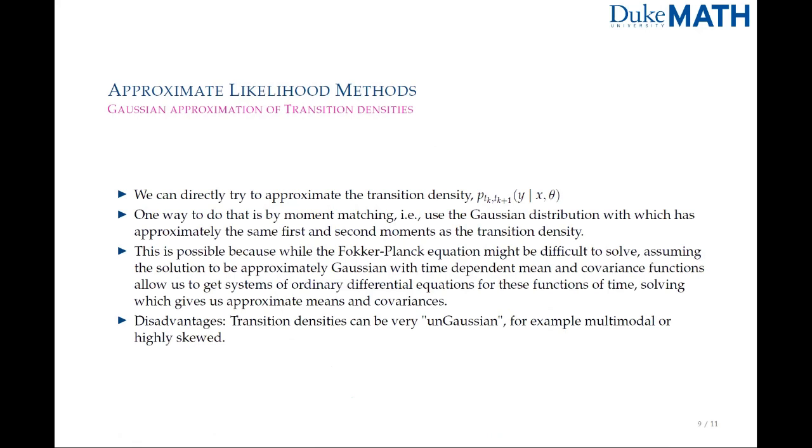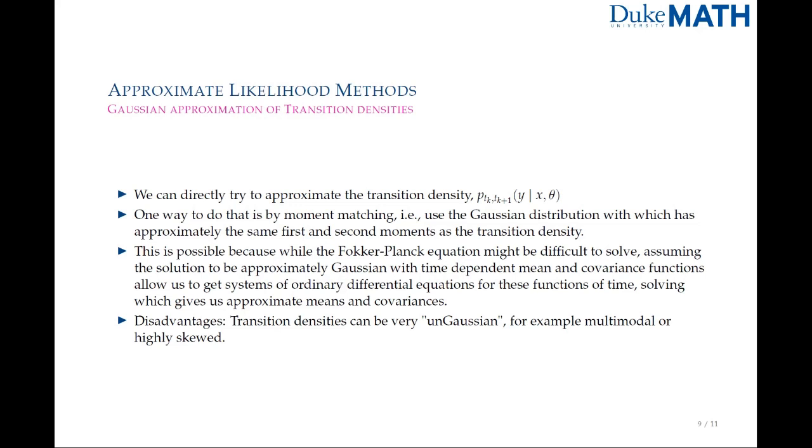Next, we look at another way of approximating the likelihood. Instead of discretizing the SDE, you can try to approximate the transition density using a Gaussian. One way to do that is moment matching.